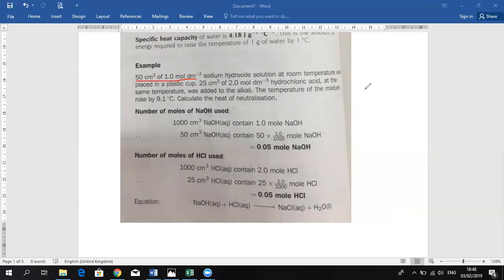It means therefore that the concentration given is 1.0 moles per dm cube, right?